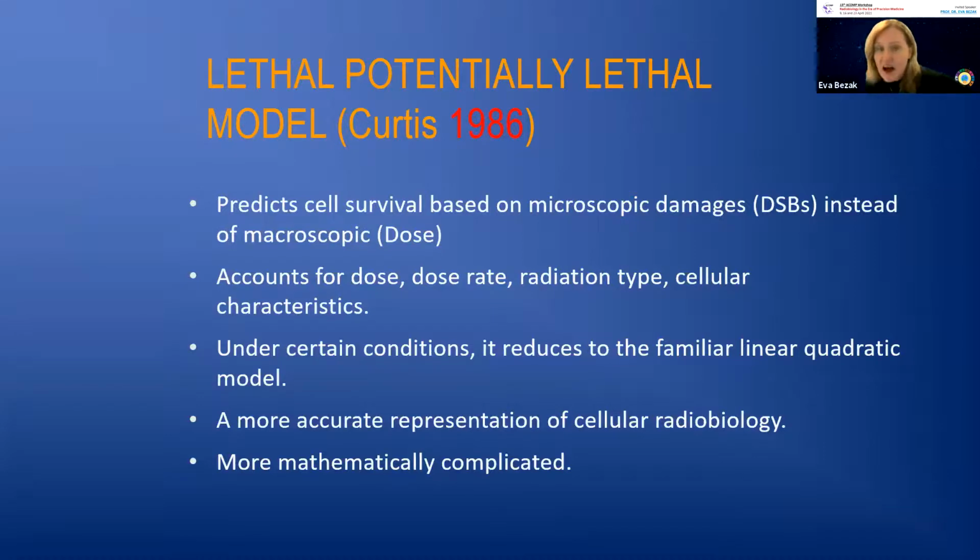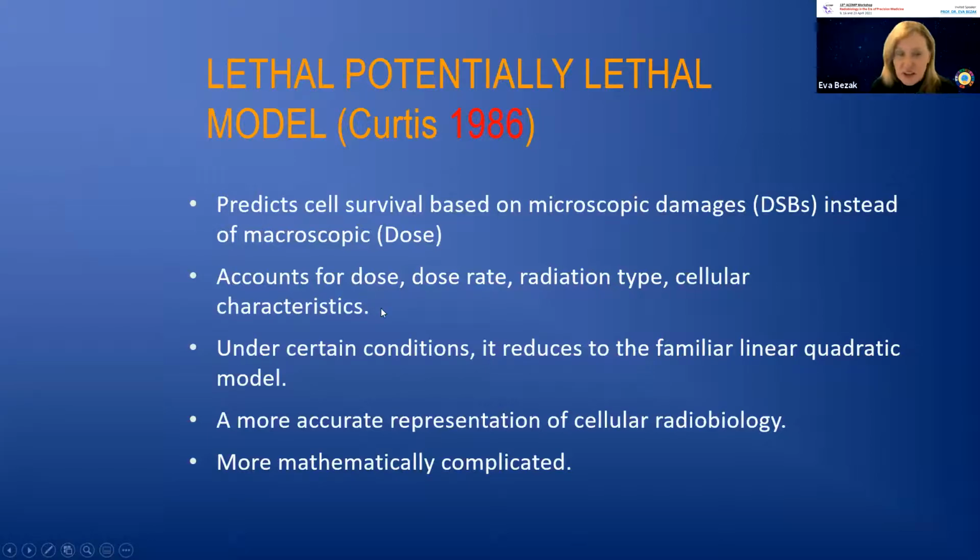Professor Curtis in 1986 proposed the potentially lethal model, which is actually a microscopic model because it predicts cell survival based on microscopic damages or double strand breaks instead of just macroscopic delivered absorbed dose.